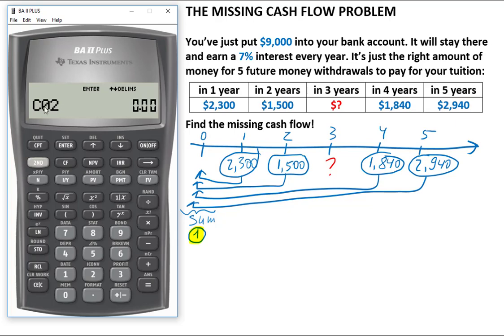Then you enter cash flow number 2 in the future, which is 1,500. 1,500, enter, down, and we again keep its frequency at 1 because we only have $1,500 once in a row. Press the down arrow key. Then we need to enter the third cash flow in the future, but this is exactly what we do not know.